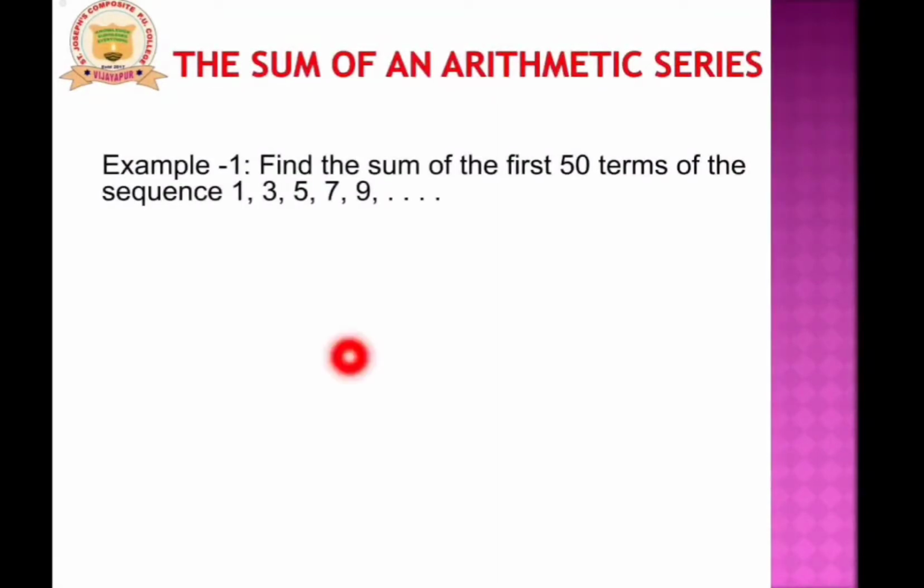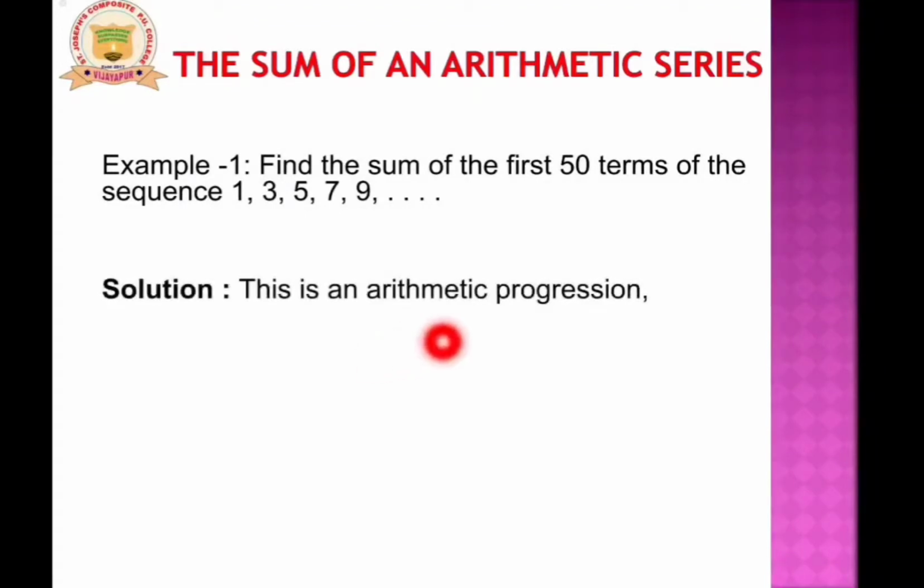Let us solve one example related to the sum of an arithmetic series. First example is, find the sum of the first 50 terms of the sequence 1, 3, 5, 7, 9, and so on.